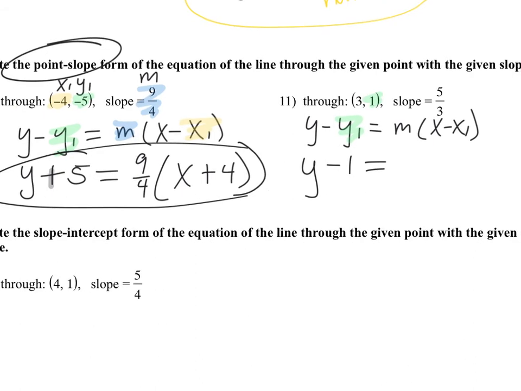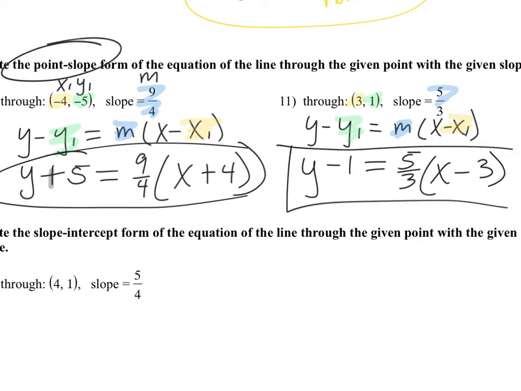I'm going to replace the slope with 5/3. And then x minus x1. x1 will be replaced by 3. And once again, there is no double negative, so it's going to stay x minus 3. It asked for point slope form, so we don't need to do any conversion or anything like that.